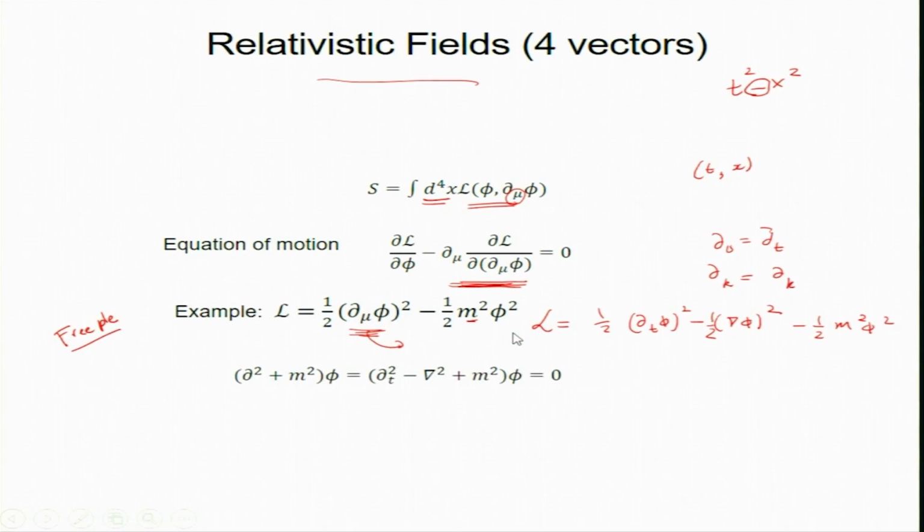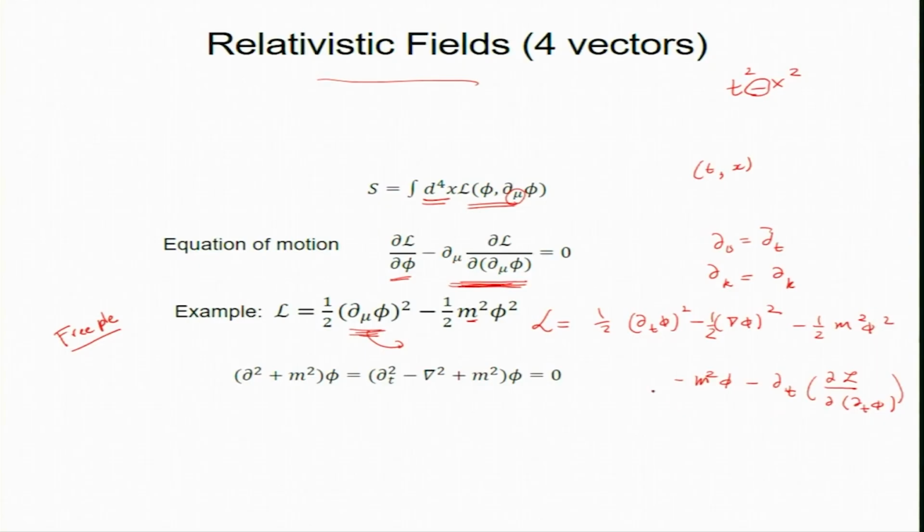I can do the same algebra. Okay, let us do it here. If I do dL by d phi, what will I get? Minus m squared phi, this one. Here I get d by dt of partial L partial d dt phi.